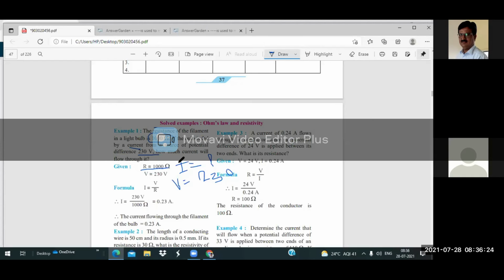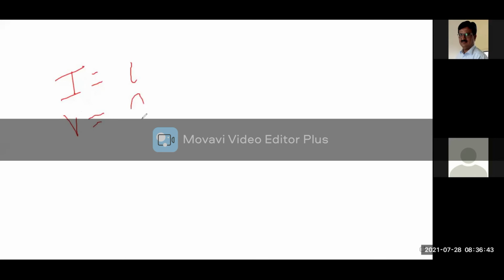How much current will flow through it? I will show this problem on the whiteboard. We have to find current, I is question mark. V is given 230 volt and resistance is given 1000 ohm.